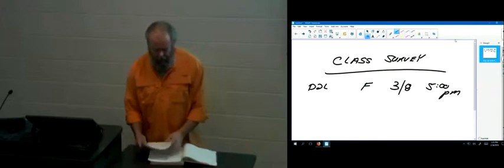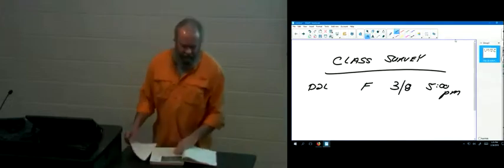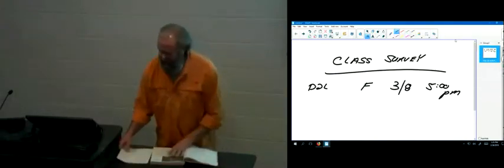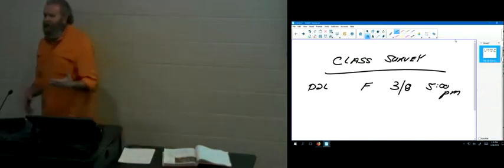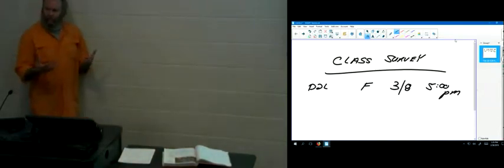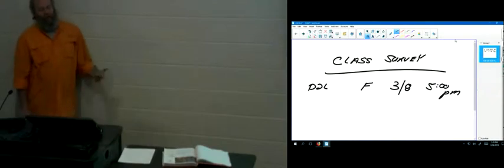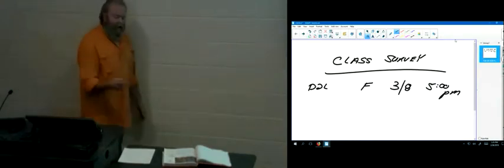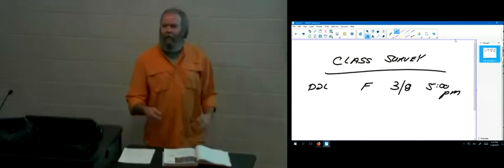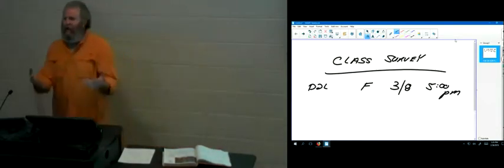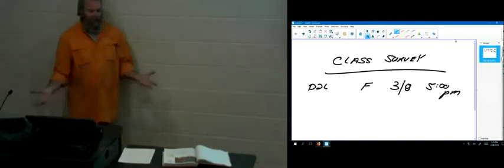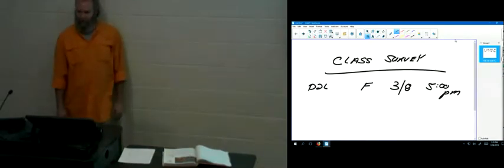Now, we're changing parts of the book. And every time I tell you that, you guys look at me like, what do you mean? Well, you know, I group chapters together, and chapters 8 and 9 go together. So here's the thing. Up until now, I don't care what problem we talked about, a histogram, a stem plot, 5-number summary, somebody always gave me the data, right? The data's always been given to me.